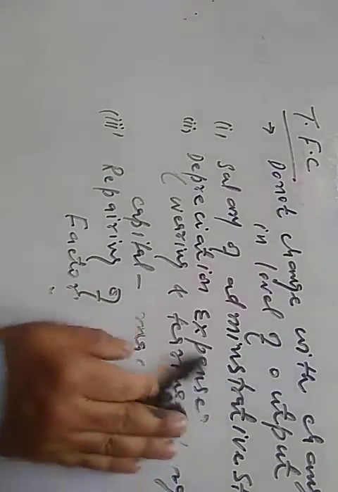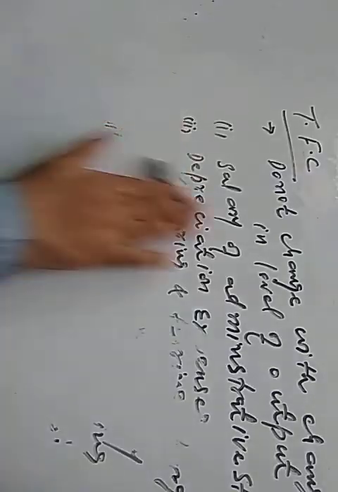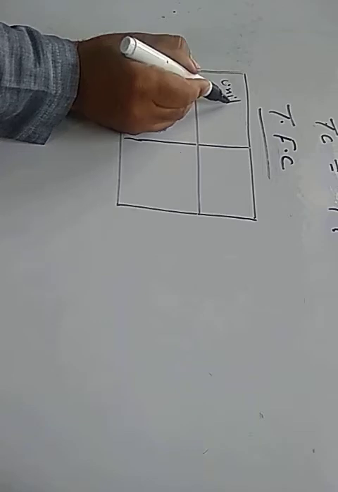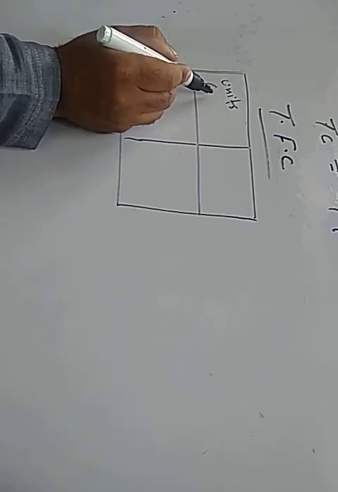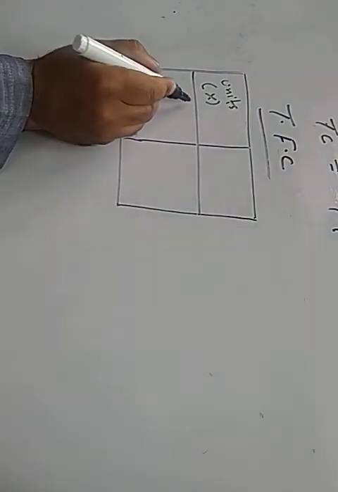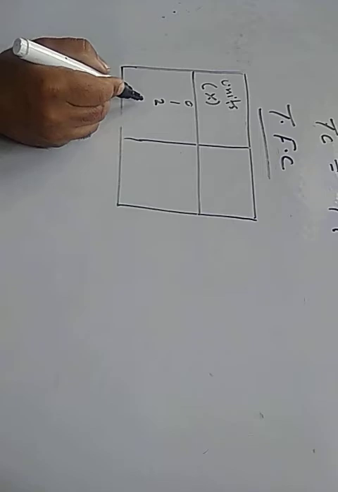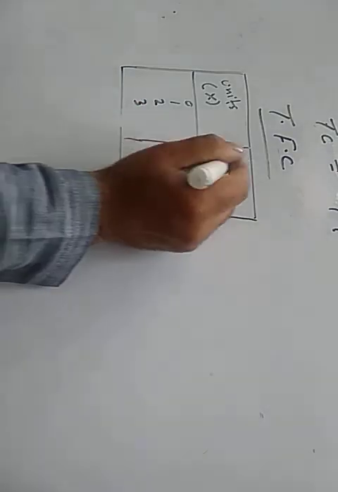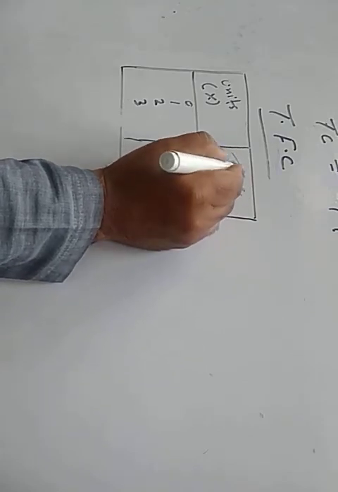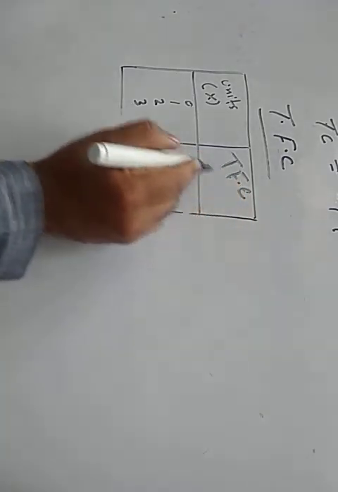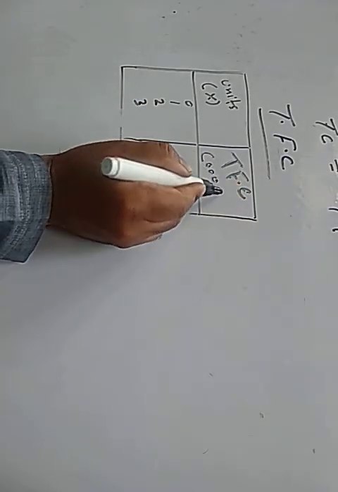Now we will show this fixed cost with the help of a table and graph. In the first column, we will take units of output. Suppose the commodity is commodity X. Units are 0, 1, 2, 3, and total fixed cost in 1000 rupees.